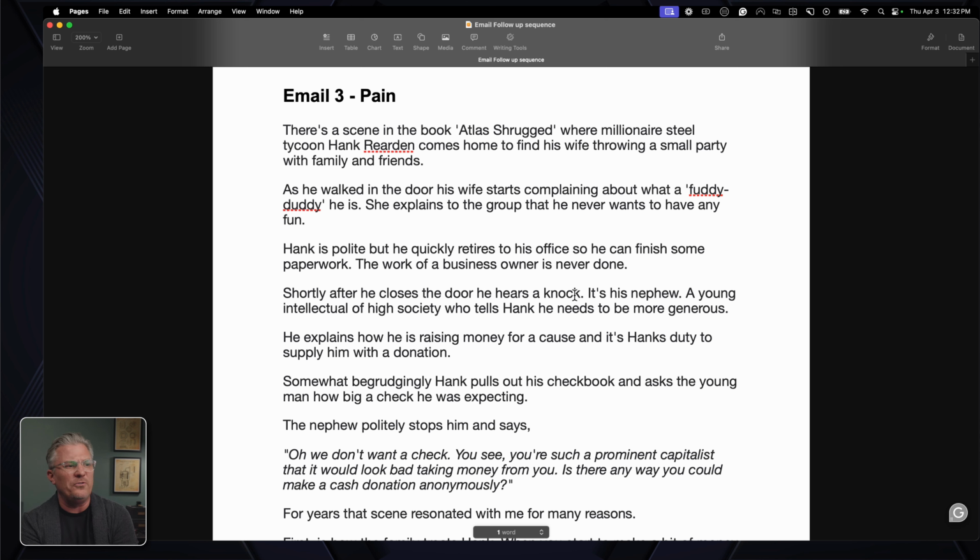And his wife calls him a fuddy-duddy, and everybody kind of turns their nose up at him because, of course, he's a capitalist and they're a bunch of egalitarians. And he goes into his office, and very shortly after that, his nephew comes in, this left-wing elitist college grad going to some Ivy League institution.